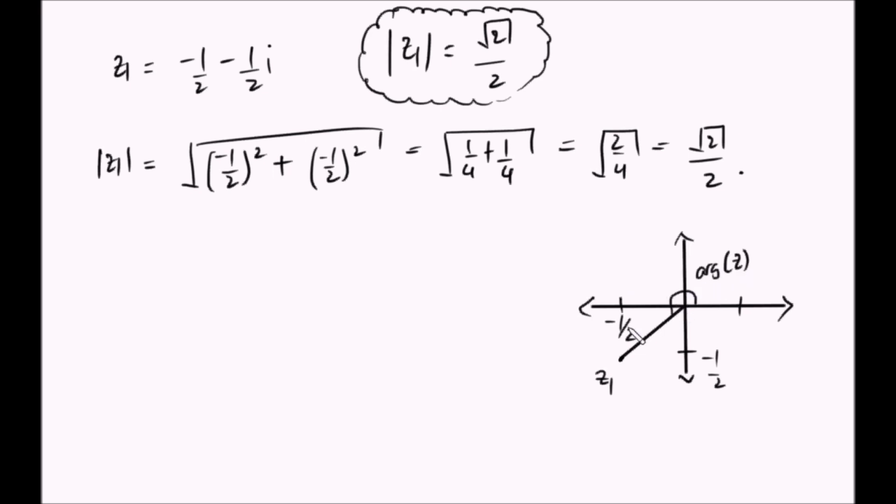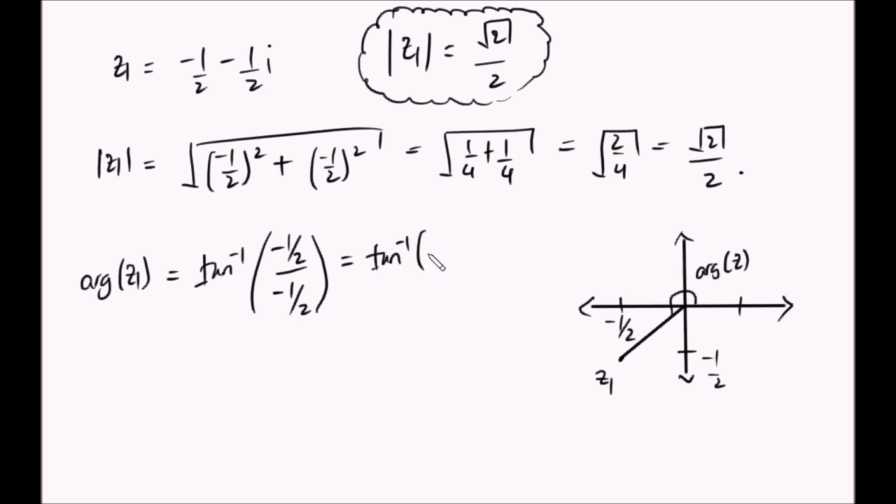So we need to find the argument of z1. We know that the argument of z1 is just going to be equal to tan inverse of the imaginary part, negative half, over the real part, which is also negative half. So negative half over negative half is just 1. So it's tan inverse of 1, which is 45 degrees.